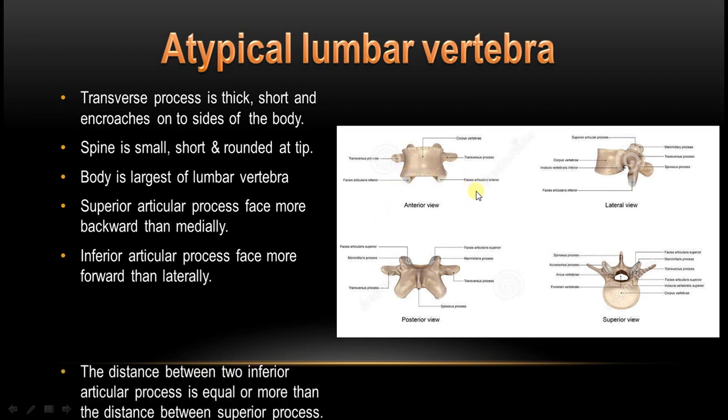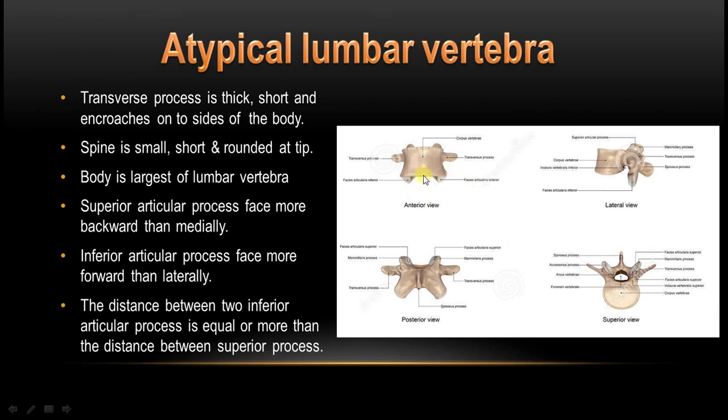Then one more point of difference is that the distance between the two inferior articular facets is equal to or more than that between the superior articular facets. When you compare the distance between the two inferior articular facets and the distance between the two superior articular facets, in the atypical vertebra this is equal or more.